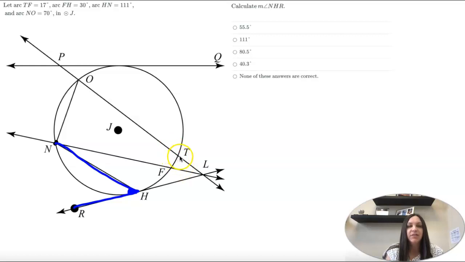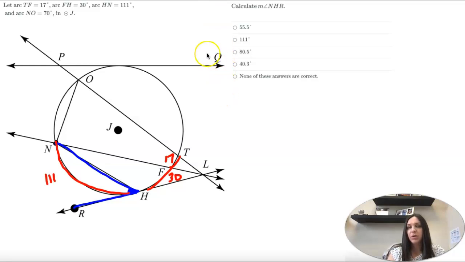We have TF is 17 degrees, arc FH is 30, and we don't actually need those for this problem. What we do need is this arc from H to N is 111.